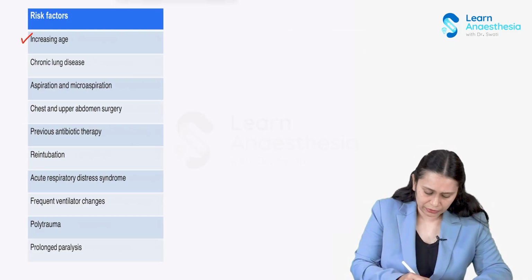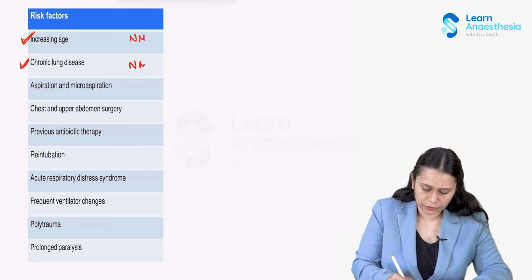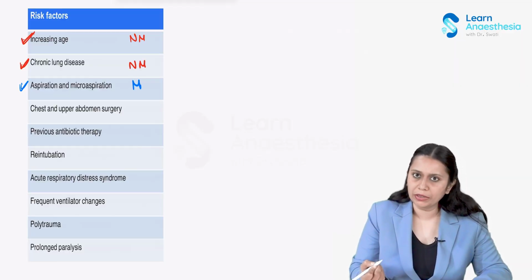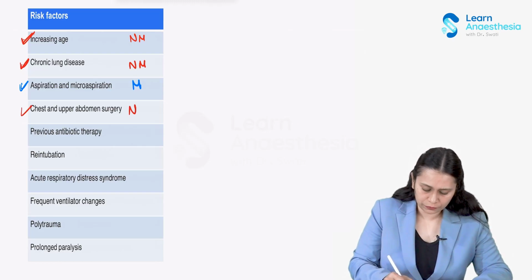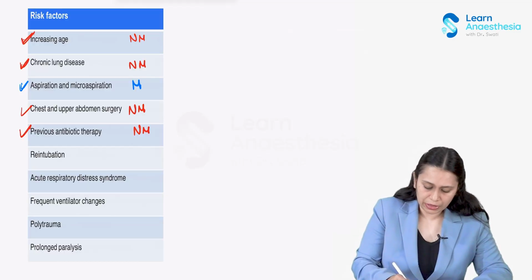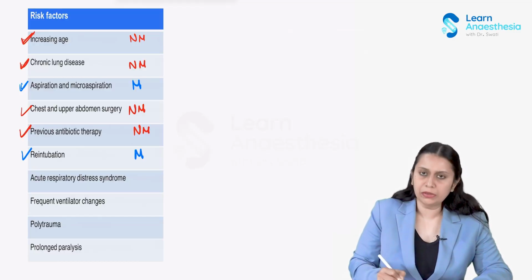Risk factors like increasing age, which is definitely non-modifiable, then chronic lung disease, non-modifiable, then micro and macro aspiration. By taking some measures, we can modify it. Then chest and upper abdominal surgery, non-modifiable. Then previous antibiotic therapy, non-modifiable. Reintubation, this is a modifiable risk factor.